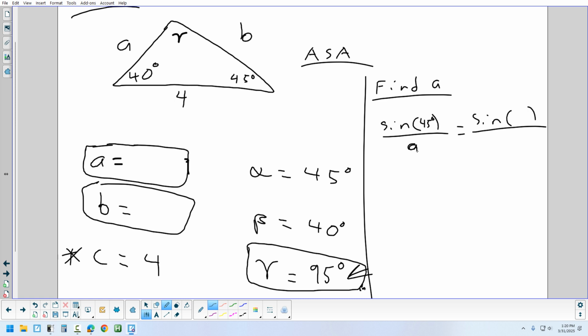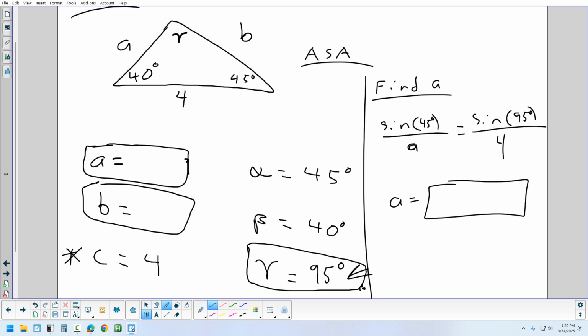But now, since the variable is on the left, you cannot put any more variables on the right. So what would we put on the right? Sine 95 over 4. So 95, that's a number, not a variable. Over 4, that's also a number. Perfect.